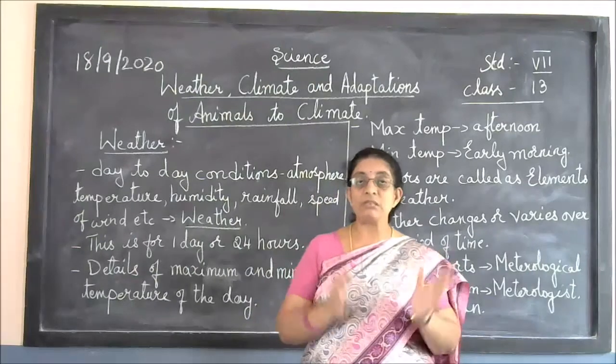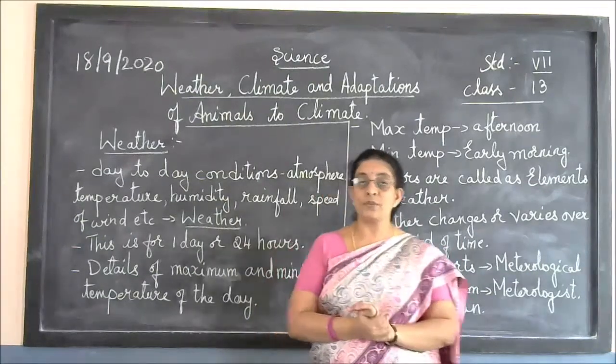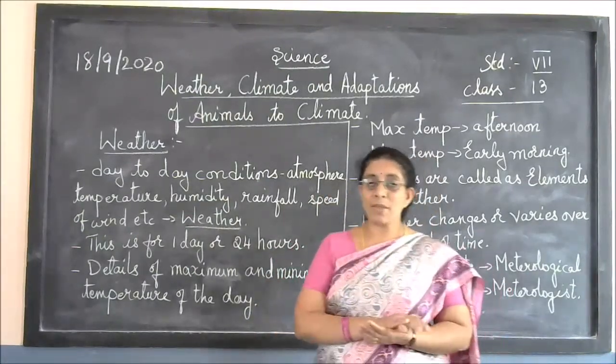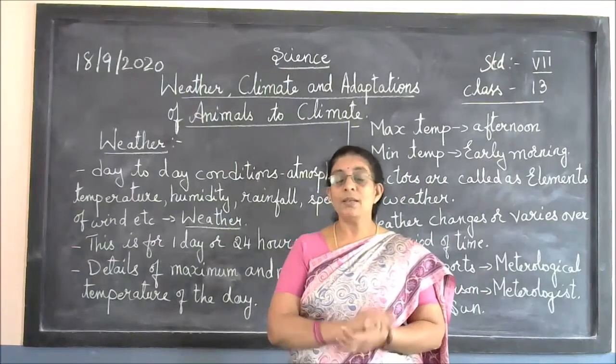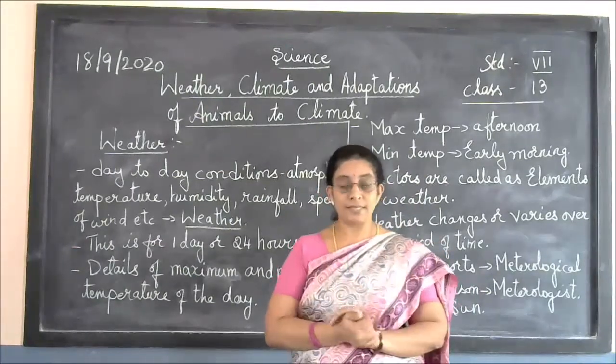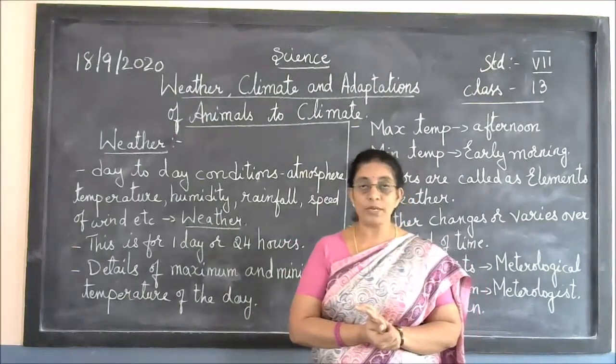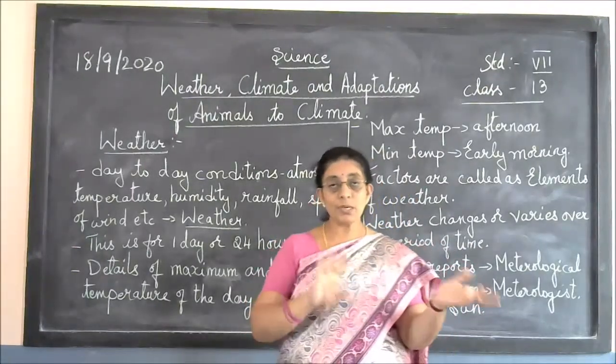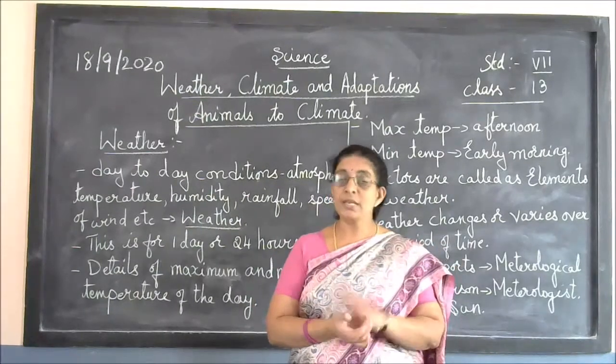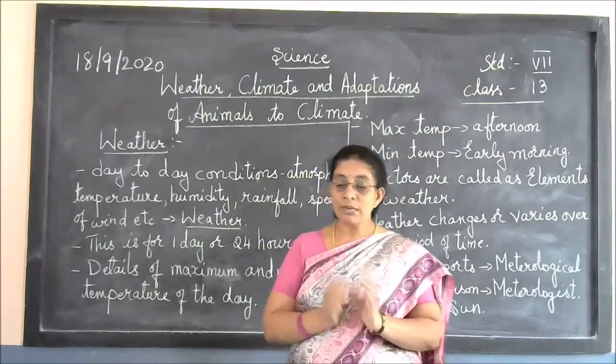So all these changes occur only due to the change of the weather. And what is the main reason for the change of this weather? It is the movement of the sun. The main reason for all these changes in the weather is the movement of the sun. So as the movement of the sun changes, even the weather also will change.